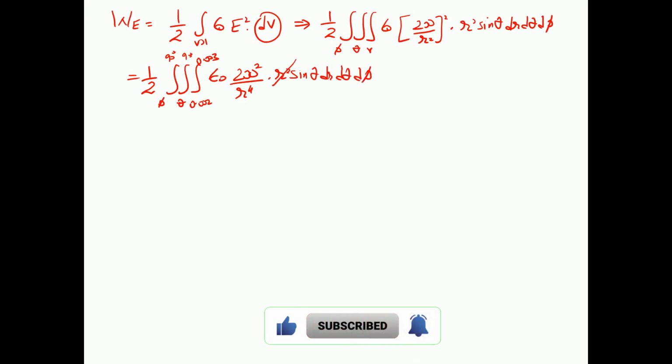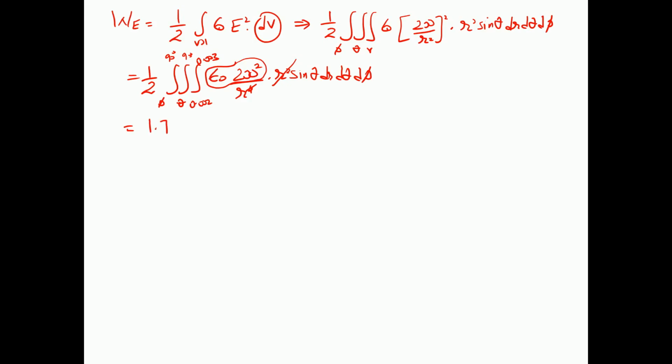We can cancel the r square, and we can multiply these elements to get the coefficients before doing the integration. It comes out to be 1.7708 into 10 raised to power minus 12. Now inside the integral I have r, theta and phi, with sine theta dr d theta and d phi, and the limits are for r, theta and phi.